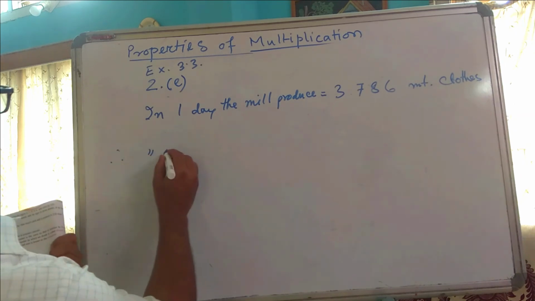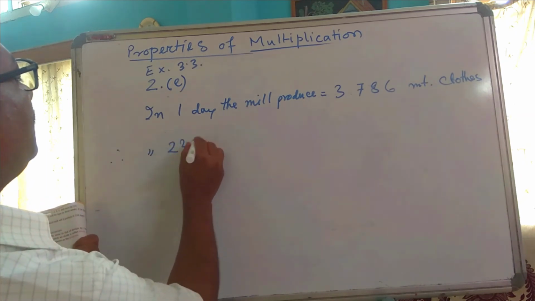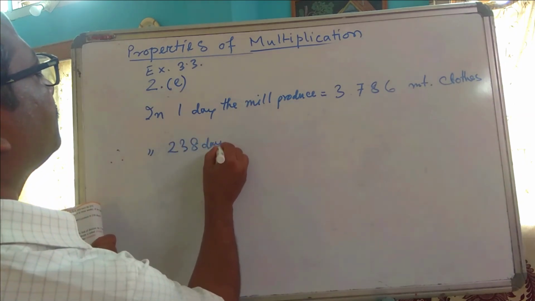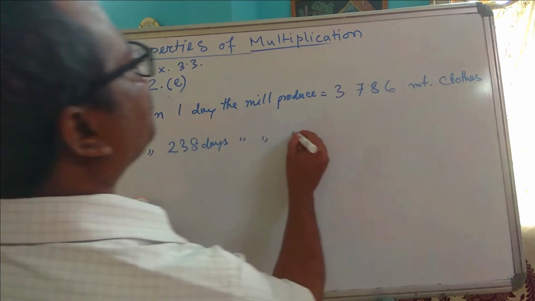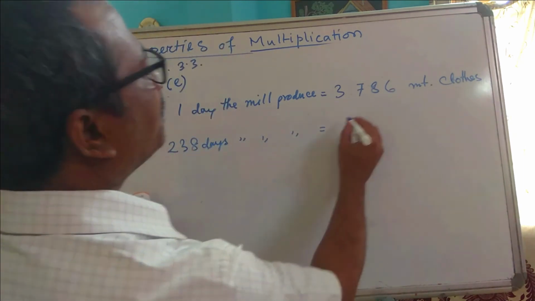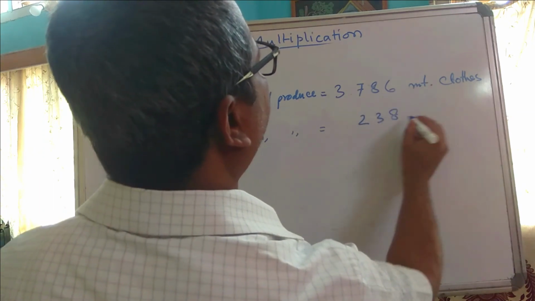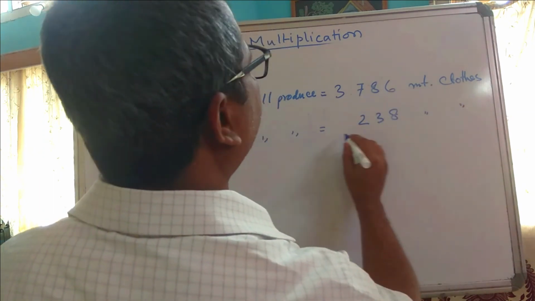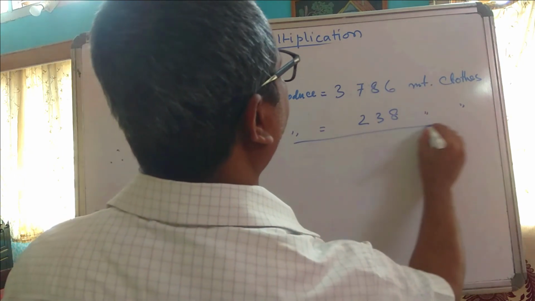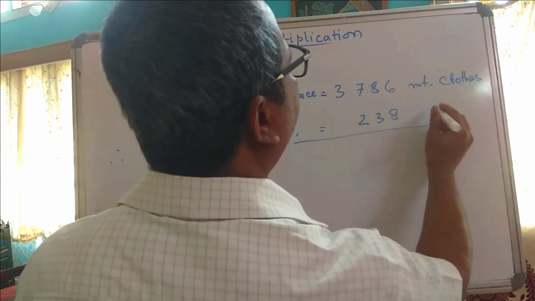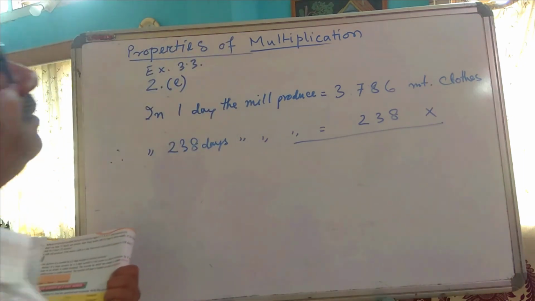Therefore, in 238 days, the mill produces, what to do? We have to multiply it with 238 meters of cloth. What to be done? We have to multiply it.